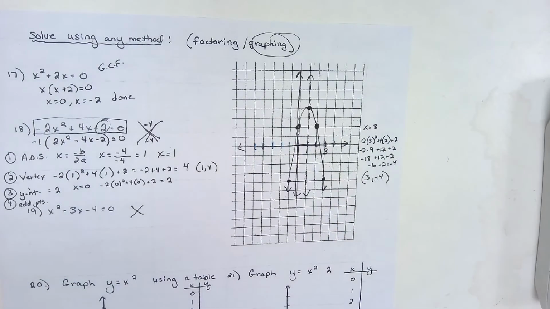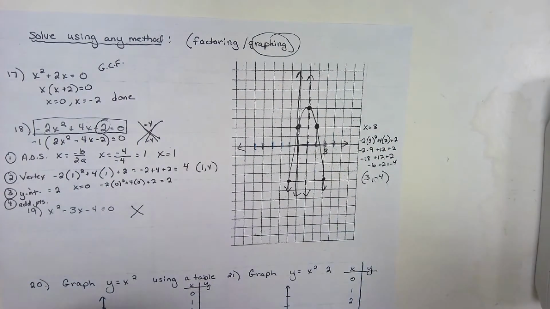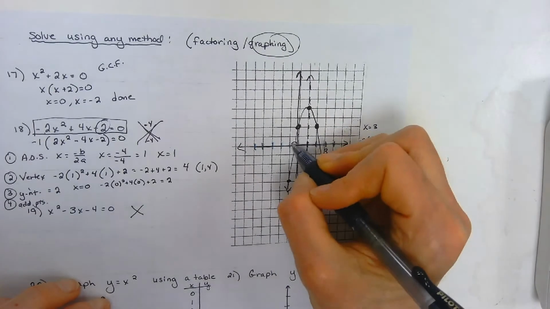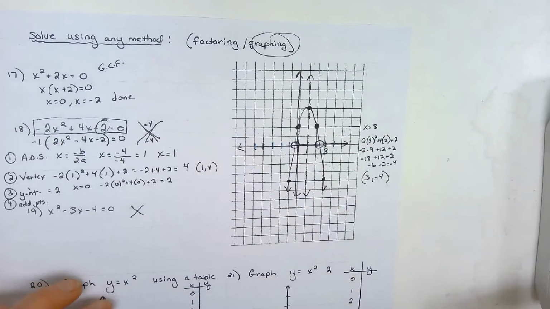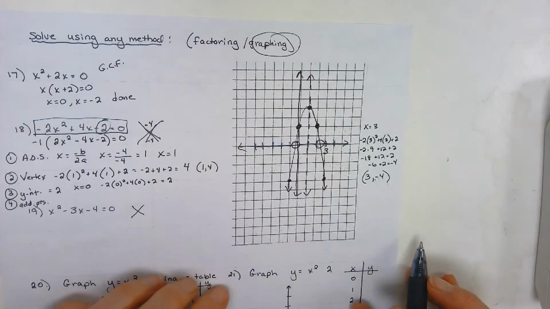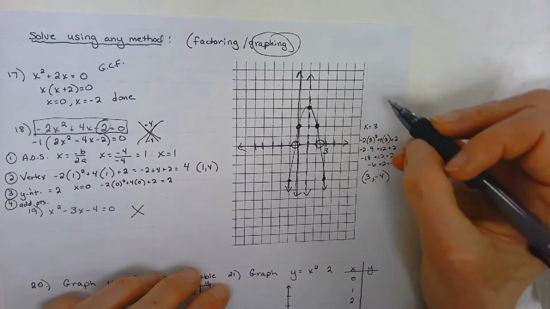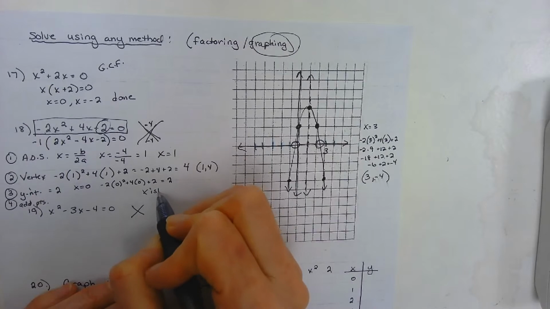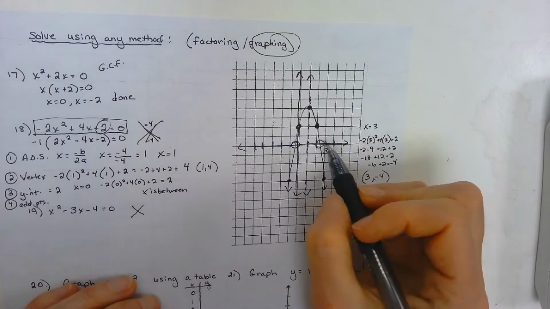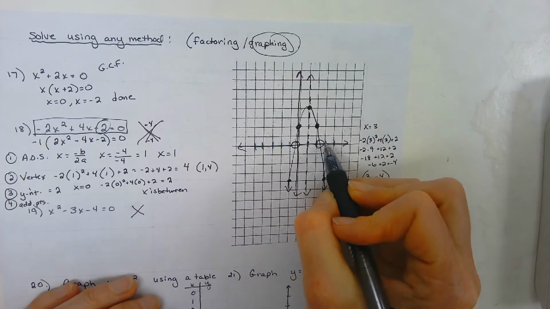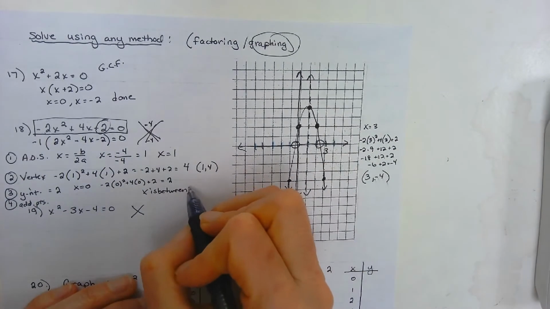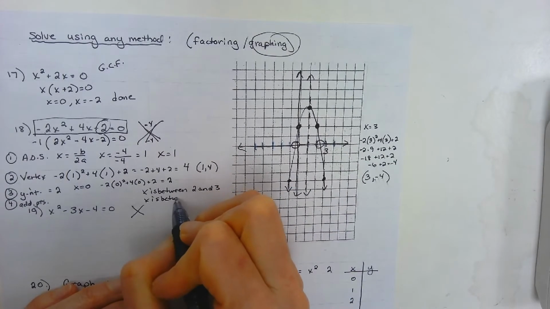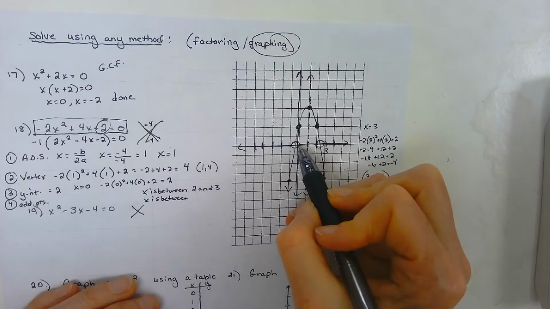Now I was asked to solve. So for number 18, I'm looking for the places where this curve crosses the x-axis. Remember, these are the solutions. So it looks to me like x is between 2 and 3, and it looks like x is between negative 1 and negative 2.